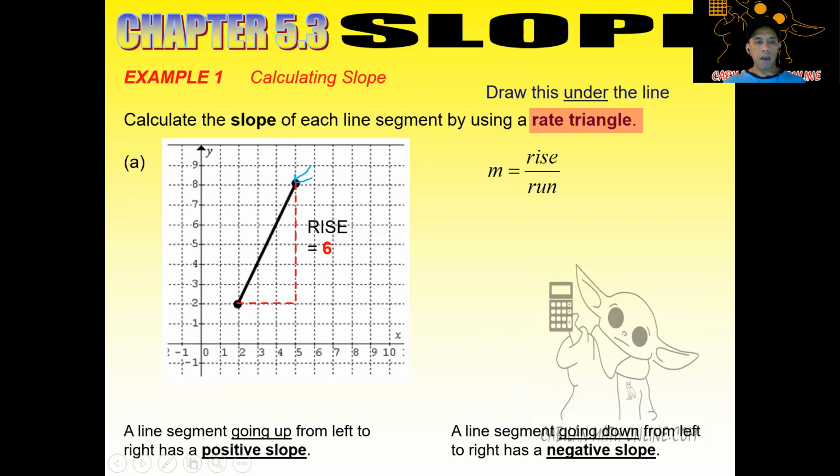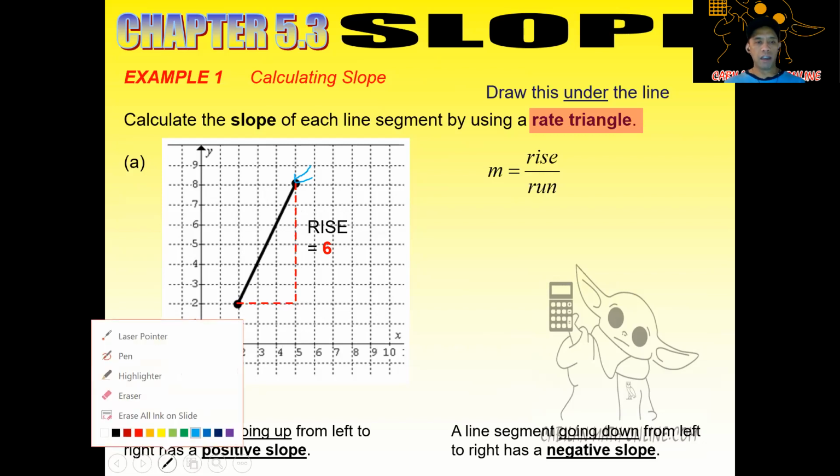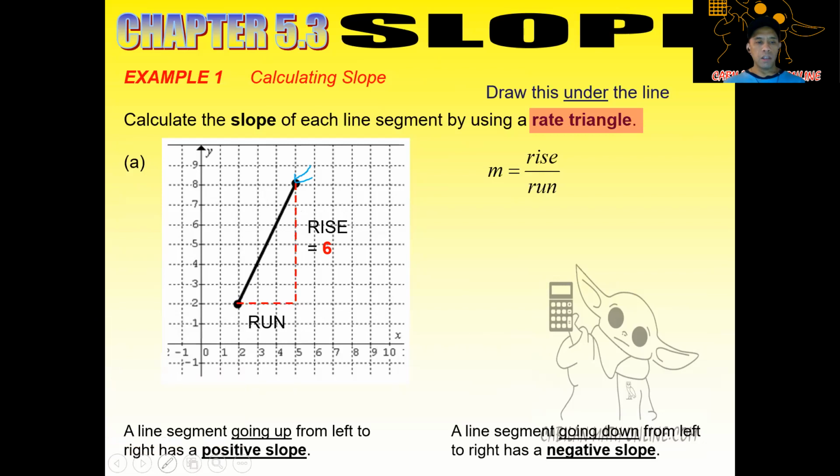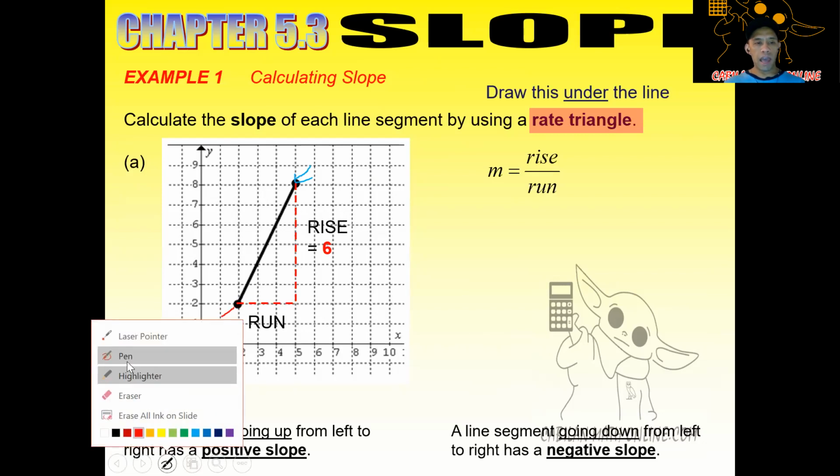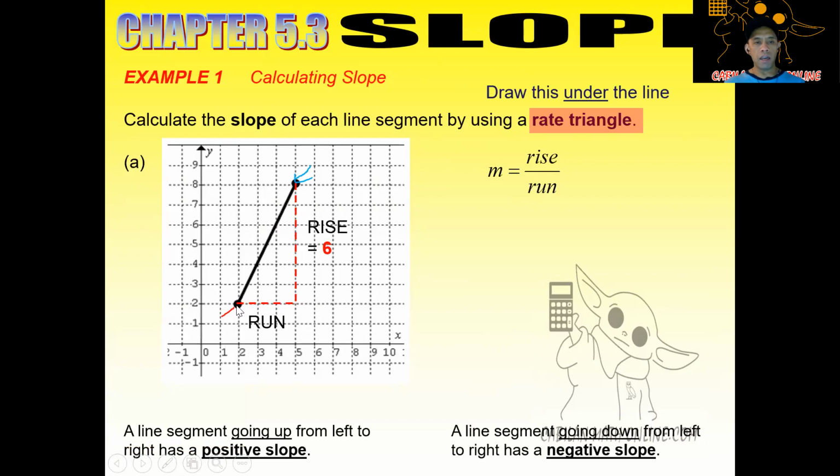Now, for the next one, we're going to calculate the run. I'm going to start from this point and count to the right. So we have 1, 2, 3 spaces. So what we have now is a rise of 6 and a run of 3.